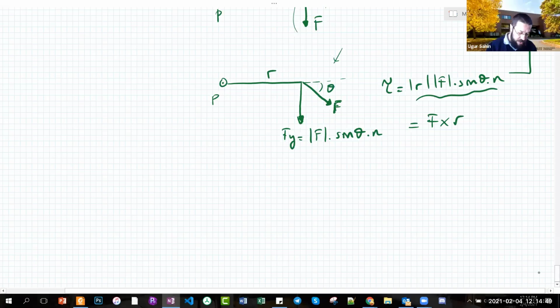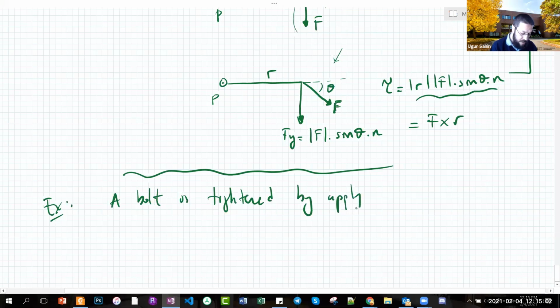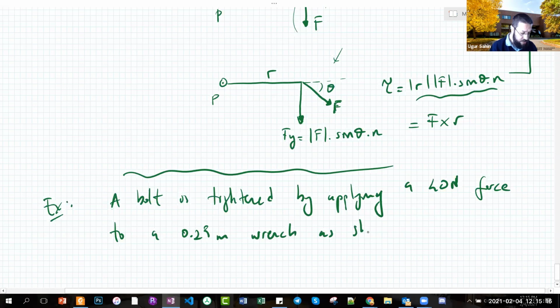I just have 1 minute. I'm not sure if I can finish it. As an example, a bolt is tightened, look at that, guys, by applying a 40 Newton force to a 0.25 meter wrench, as shown.